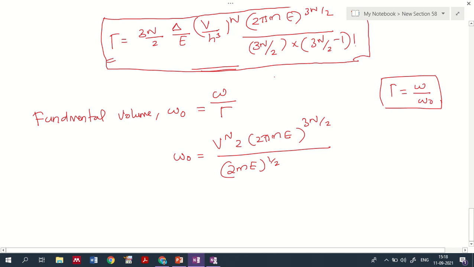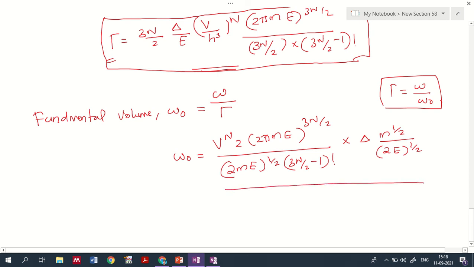So raised to 3n by 2, divided by 3n by 2 minus 1 factorial, into the thickness value, that is delta m raised to half, divided by 2e raised to 1 by 2. Okay, so we can represent that. And now this is omega, right? Divided by, we have to get the gamma value.